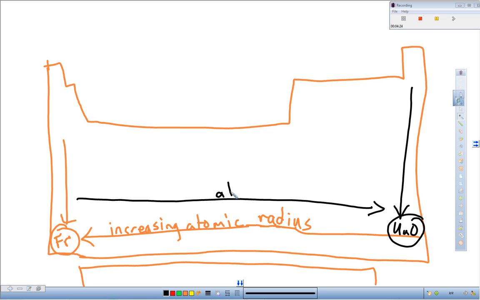So atomic mass, and maybe I'll put a couple arrows here. UUO is synthetic, it only exists for brief seconds before it immediately starts decaying. But hey, we've seen it, we've created it ever so briefly. Atomic mass increases as you go across. So which one has more mass, carbon or nitrogen? Nitrogen.